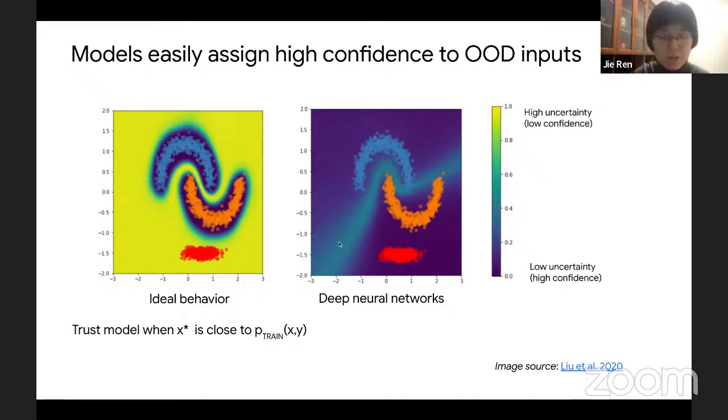It only has slightly lower confidence at the decision boundary, but this is not very desirable. As you can see, deep neural networks suffer from overconfident predictions for OOD inputs. So we need a better method to improve from there.